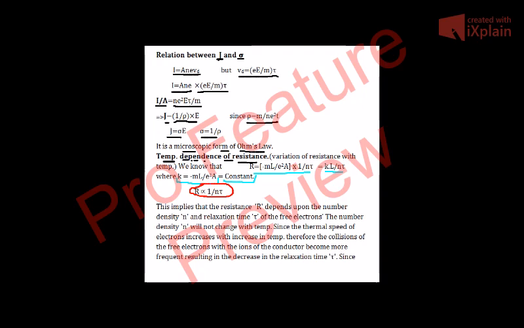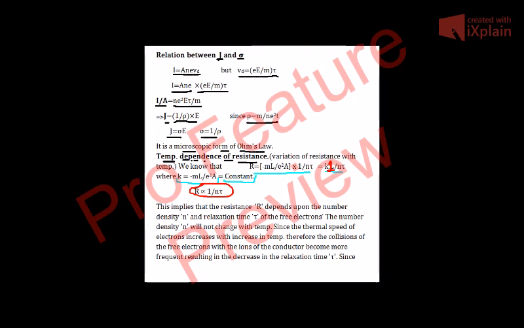Here it is a correction, it is not L, it is K. M is the mass of an electron, L is the length of the conductor, e is the charge of an electron, and A is the cross section area of the conductor. So these are all constants. It means R is proportional to 1 upon n tau.